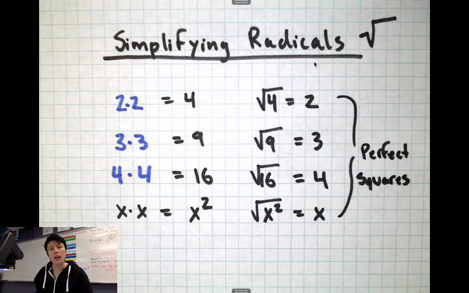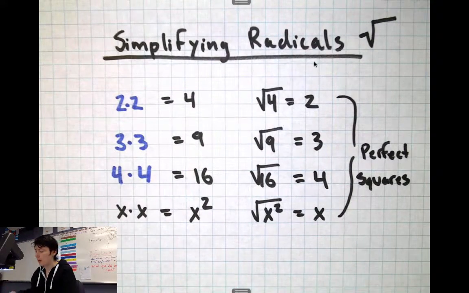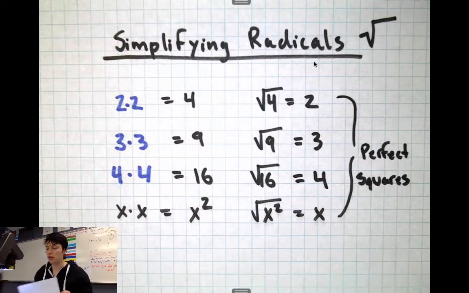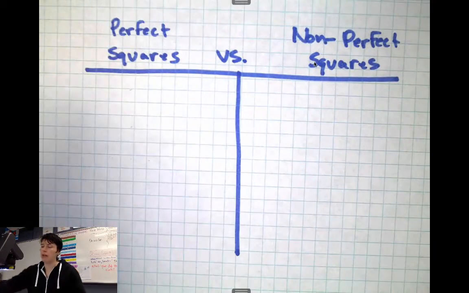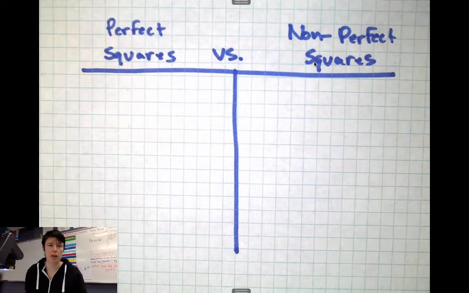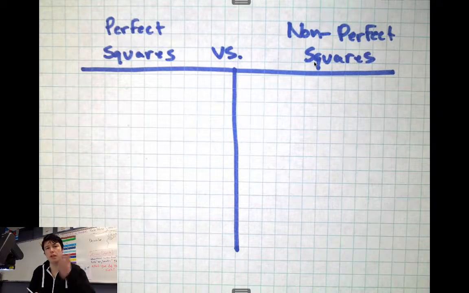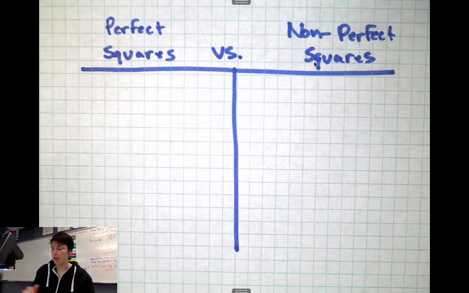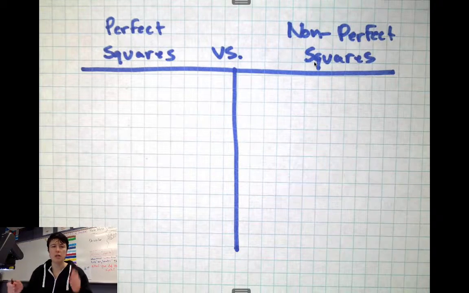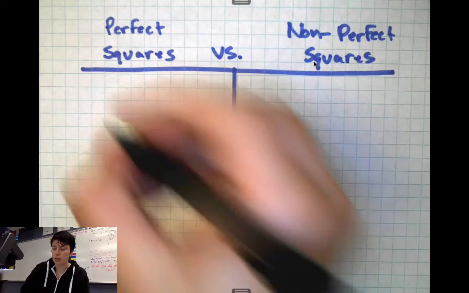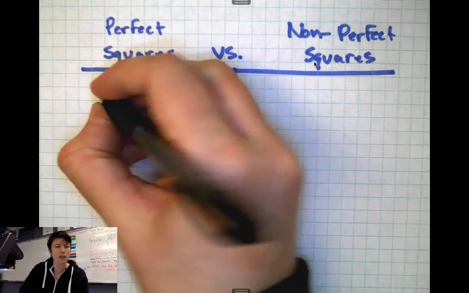And so maybe to help us for our notes, something we could write down is a chart of what a perfect square is versus a non-perfect square. So perfect squares versus non-perfect squares. Maybe make a T-chart in your notes. And here's what you need to know. The easy way to remember is that perfect squares always come out as nice whole numbers.